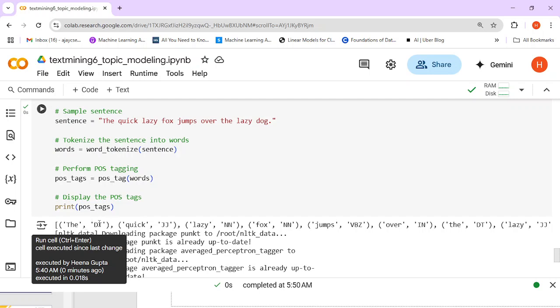So now, the refers to DT, quick is JJ, JJ is the adjective, lazy, it's again the adjective, fox is a noun, jumps is a verb, over is, I think, again referring to some kind of part of speech.